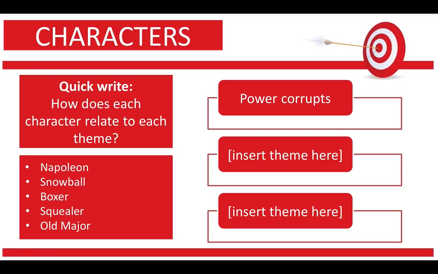For as many of these characters as you can, try to come up with a theme that relates to that character. So pause the video, do that quick write in your notebook, talk to a neighbor or whatever, figure it out together. What themes you could match up with each one of those characters.